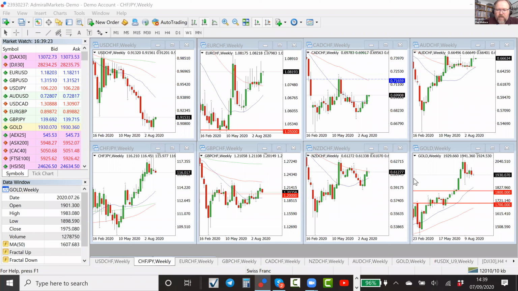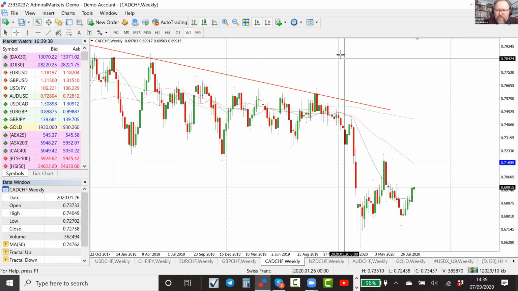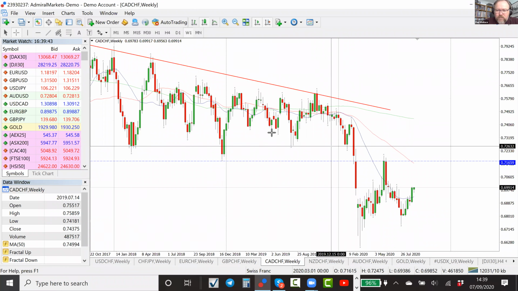And if we have a particular look here, this is just the Canadian against the Swiss franc. This is the weekly chart, so remember every candle here is the equivalent of a week's trading. These vertical lines show us coming into 2020.